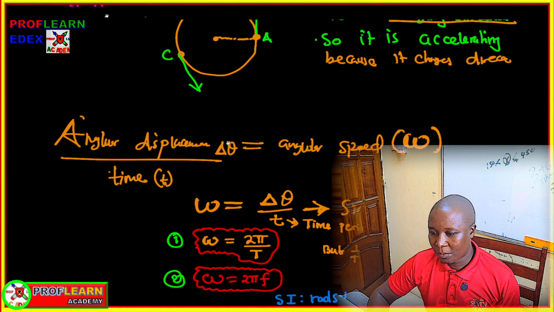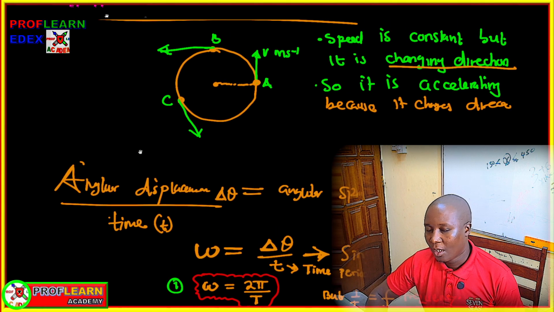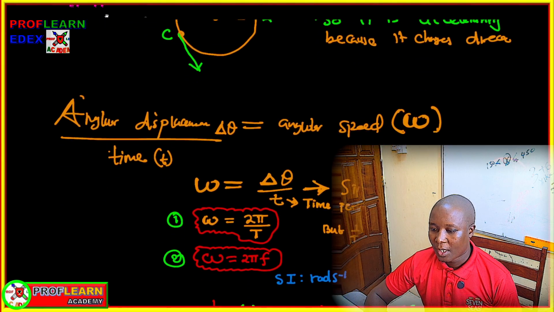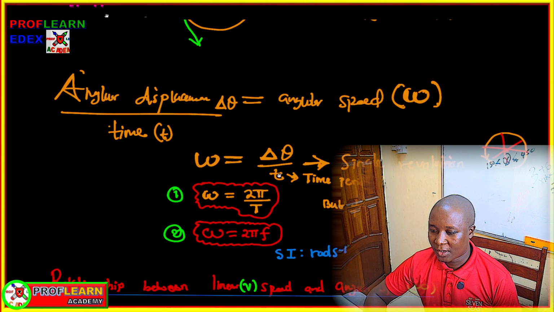And angular displacement can be over time. Angular displacement divided by time gives us what we call angular speed, and angular speed is the change in theta over time.